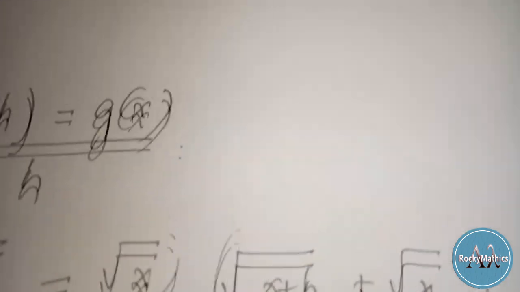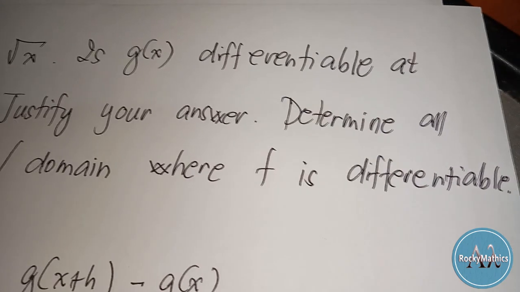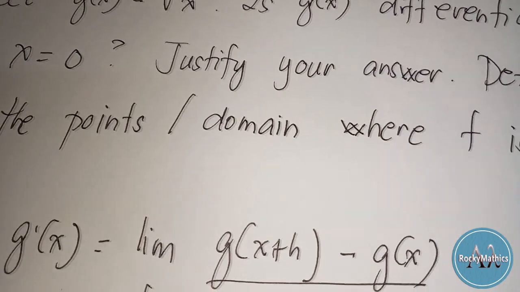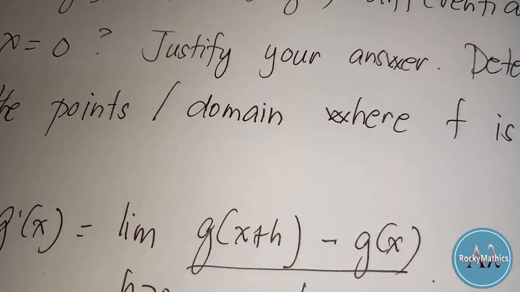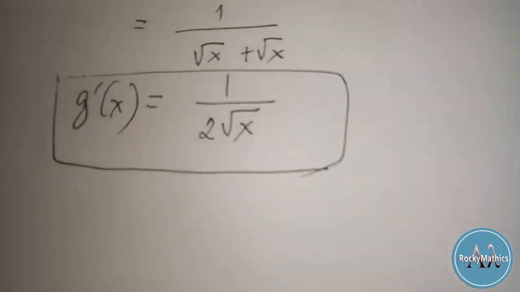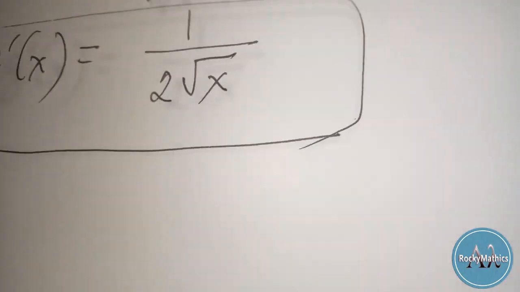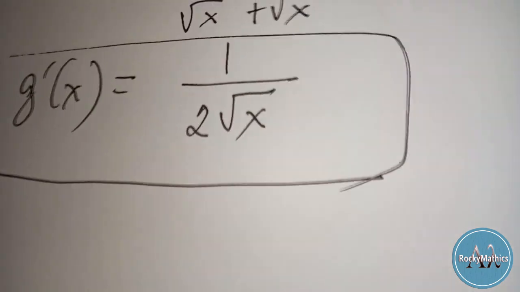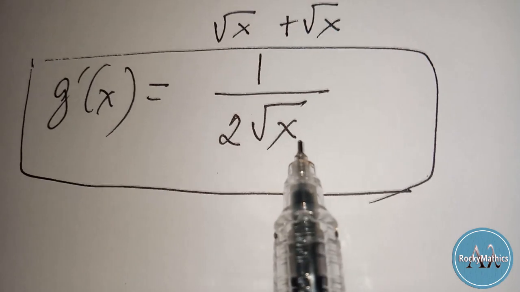So, let's go back to the question. Is g of x differentiable at x equal to 0? To answer that, we need to determine whether the derivative exists at x equal to 0.